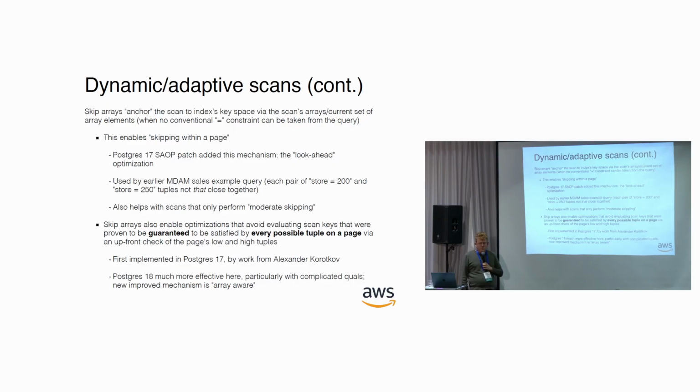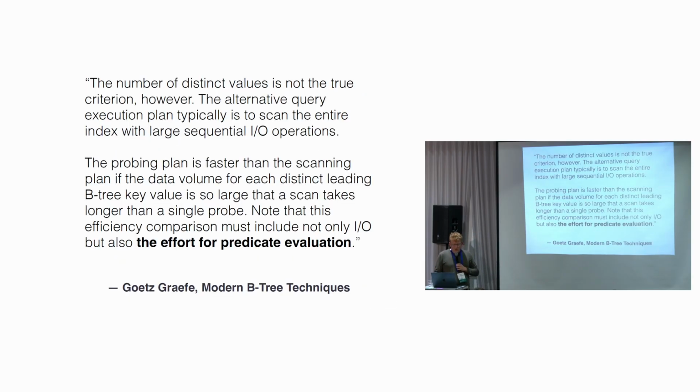It's surprising in general how important the cost of predicate evaluation is. So even in cases where we're doing what you would think would be way too much skipping, we seem to come out ahead all the same just by avoiding the overhead of predicate evaluation. So if we're skipping within a page, say, we're not doing anything with most of the individual index tuples on that page. We're saving the effort of predicate evaluation.